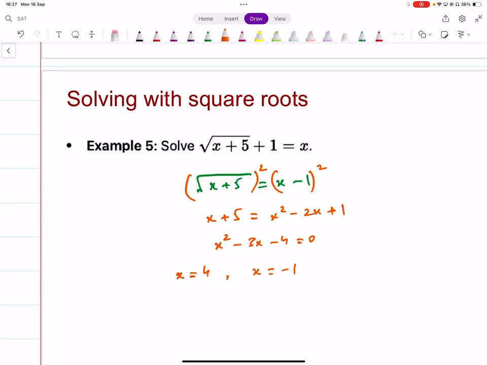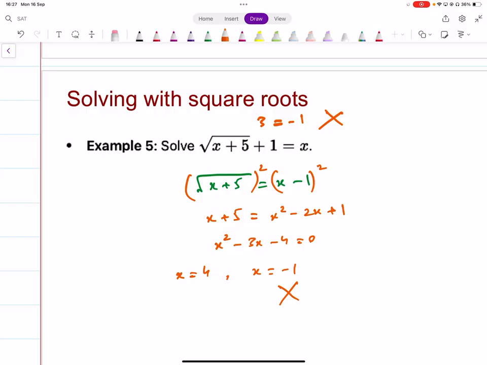Are both solutions correct? Which one is wrong? -1 does not satisfy the equation. अब -1 input करते हैं, you get 3 on the left side and -1 on the right side, which is not correct.